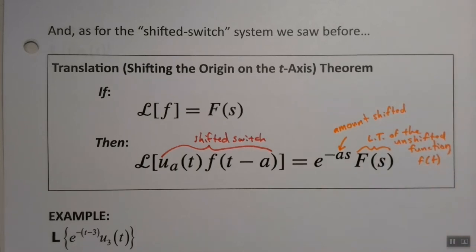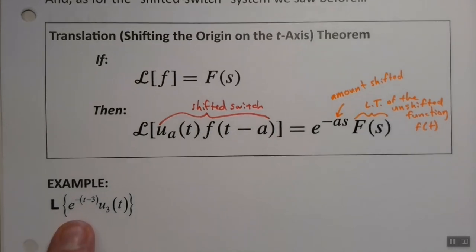All right. So we're going to make use of that in an example down below, so we can give this a shot. We have an exponential, e to the negative t minus 3, and we're also multiplying it by the Heaviside function, u sub 3. You could probably tell just by looking at it that this is going to turn on when t equals 3, and it's going to behave like e to the negative t after t equals 3.